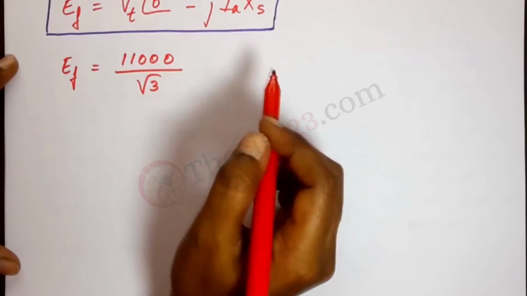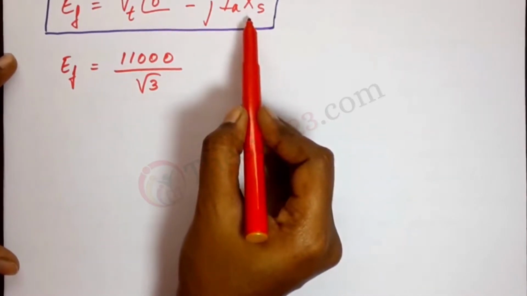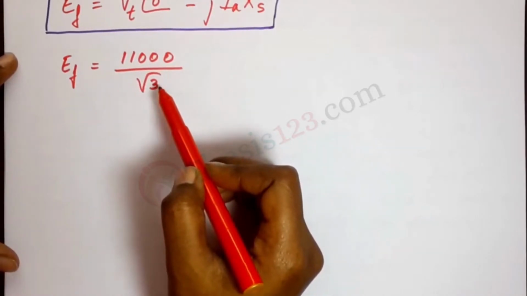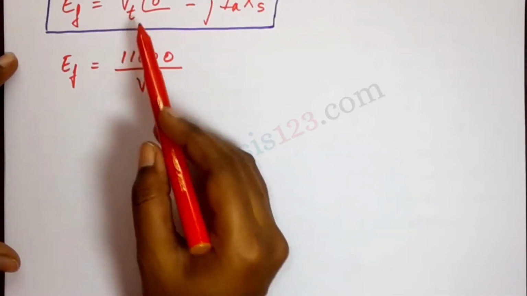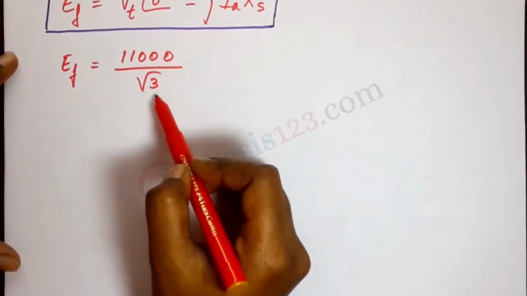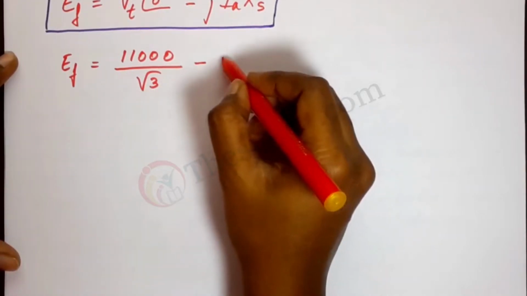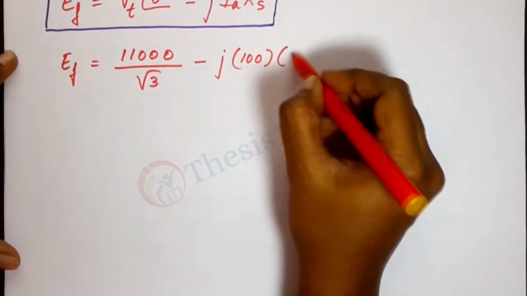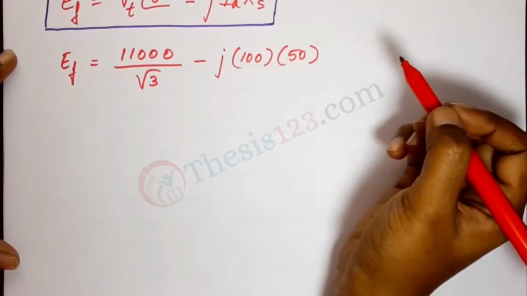We have to remember here and be very careful because XS is given in terms of per phase. So we have to note that down in terms of per phase. So VT is 11,000 divided by root 3 minus j, current is 100 and XS is 50.